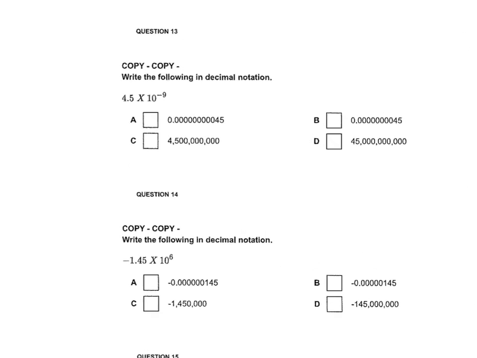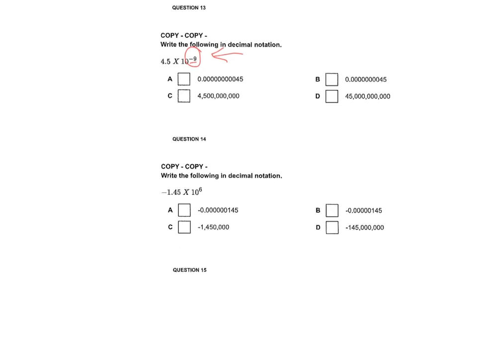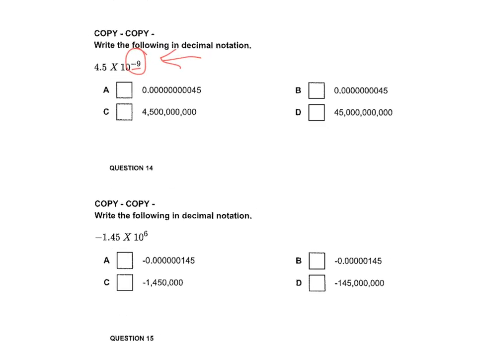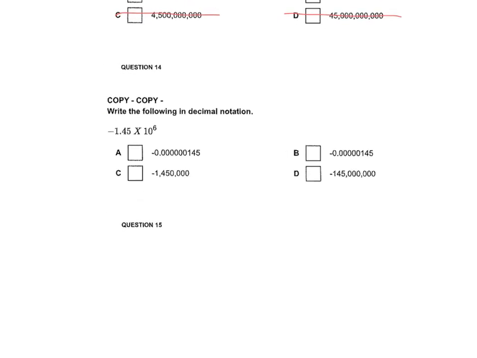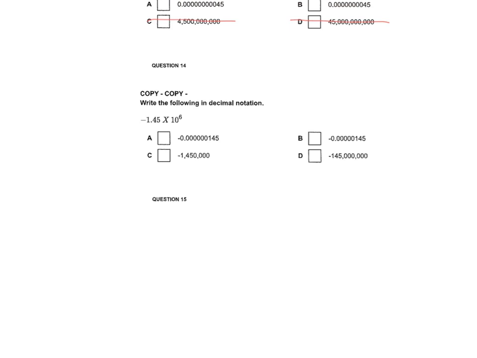Same thing here. Looking at your exponent, it's going to go to the left, and it's going to go 9 times because that is what my exponent said. First of all, you can eliminate C and D because they went to the right instead of the left. And then same thing on number 14.